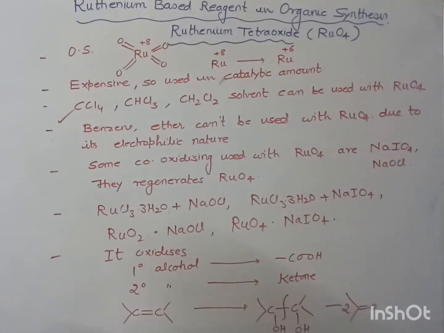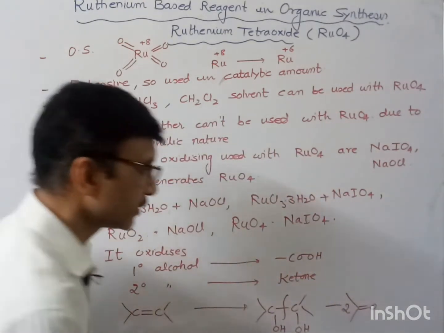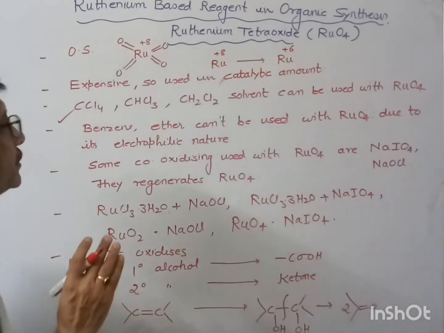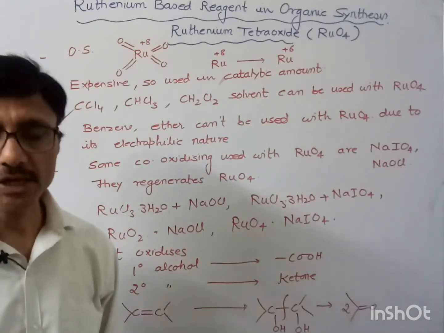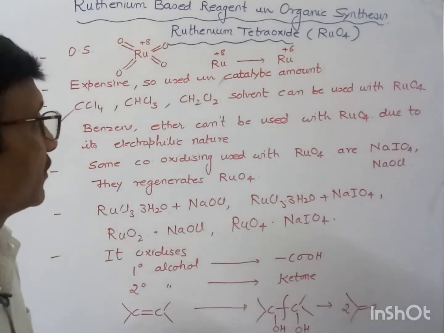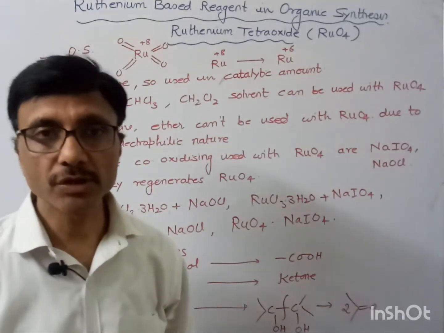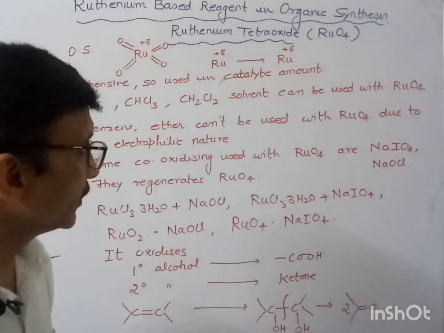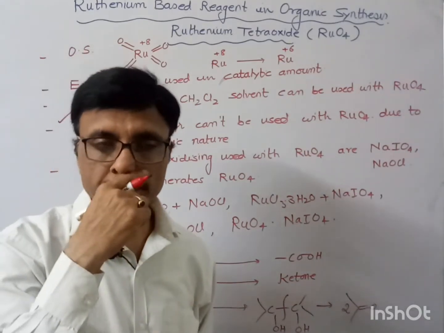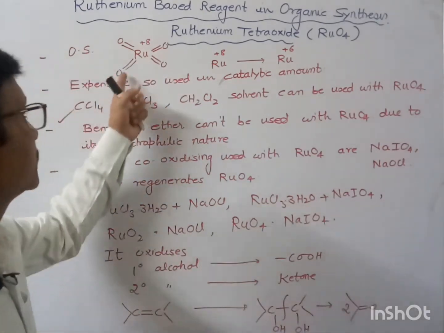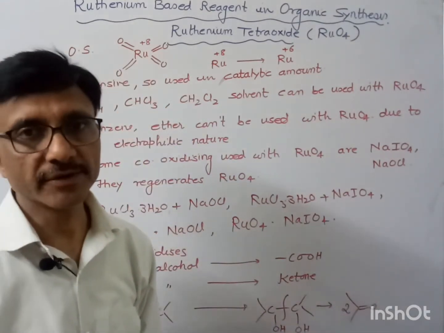As this is a very strong oxidizing agent, it is even stronger than osmium tetroxide or KMnO4. So in reactions where KMnO4, osmium tetroxide, or ozone is not successful, we can use ruthenium tetroxide.